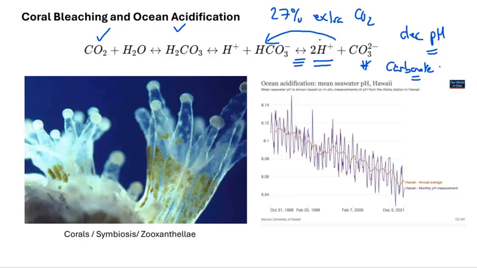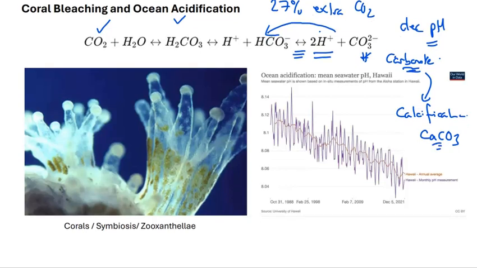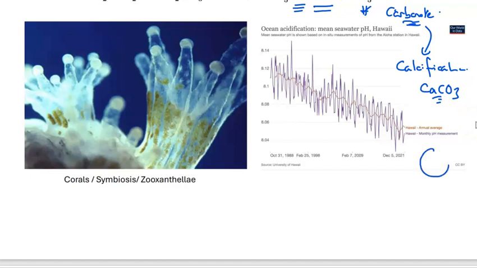And with reduced carbonate levels, this in turn reduces the calcification process, the calcium carbonate process. I'll just write that down there, calcium carbonate. So we need the carbonate to form calcium carbonate, and the purpose of that is to form the protective exoskeletal calcium carbonate skeletons of much of the coral reef community.